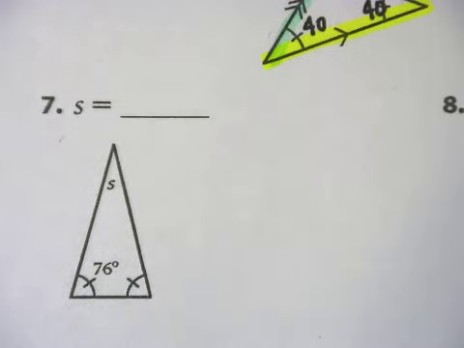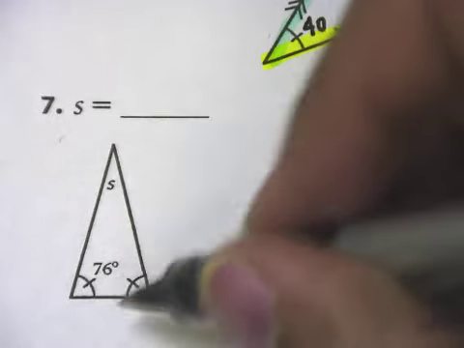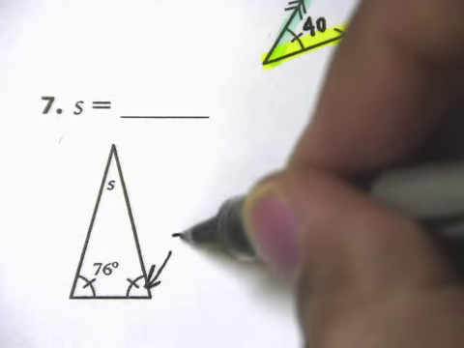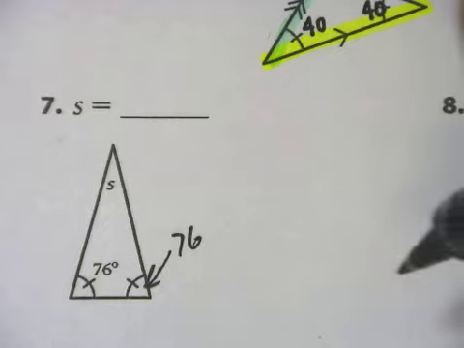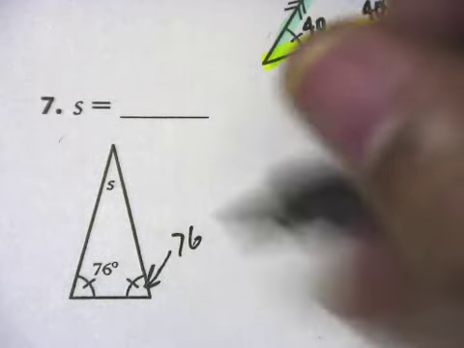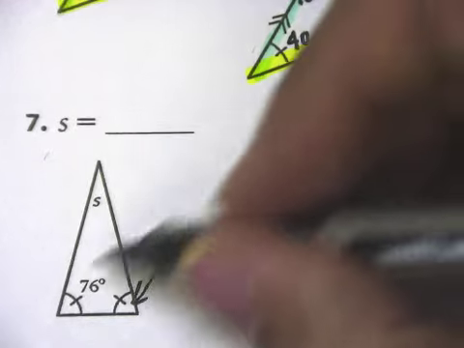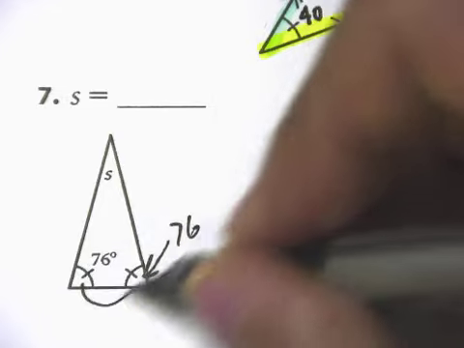And that was probably the hardest question out of the 10 questions. Number 7 is pretty simple. Again, we know that a triangle has 180 degrees. I know that these two base angles in this isosceles triangle are congruent. So if this is 76, I know that this is also 76.